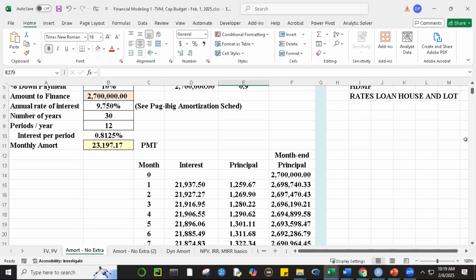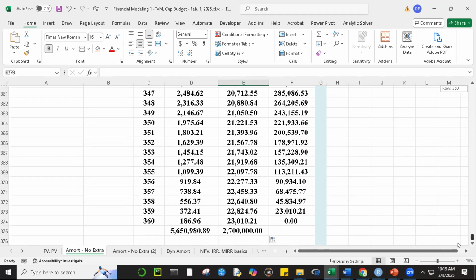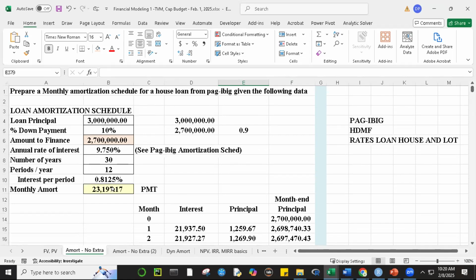The only disadvantage is that if you're going to carry this for 30 years, then you really have a huge interest. Now, for some, what they do is they start with a longer number of periods, but later on, as they earn more, they pay a bigger amount. For example, you can pay more than 23,000.